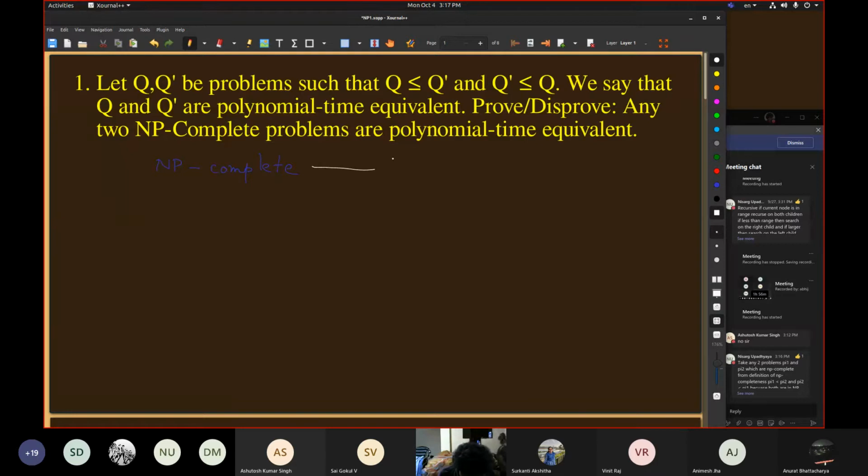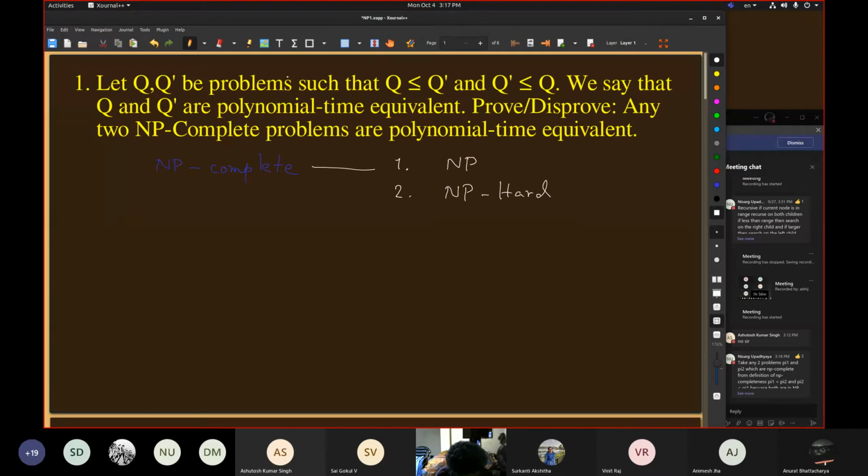Both are very important. One, the problem that we are talking about must be in NP. It should be an NP problem. And second, it should be NP hard. Both things are needed.